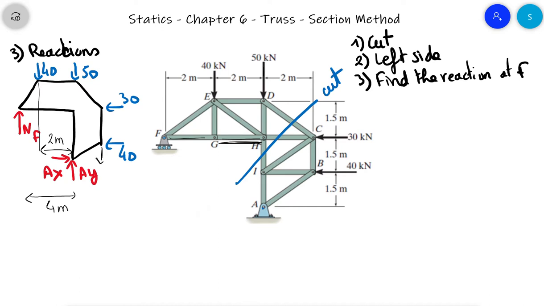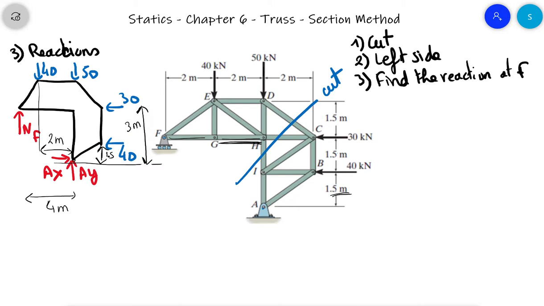I need the vertical distance between the 40 and the point A, that is 1.5 meters. And the distance between the 30 and the point A, that is 1.5 plus 1.5, so 3 meters. I like to write my dimensions from the point where I will do the moment.